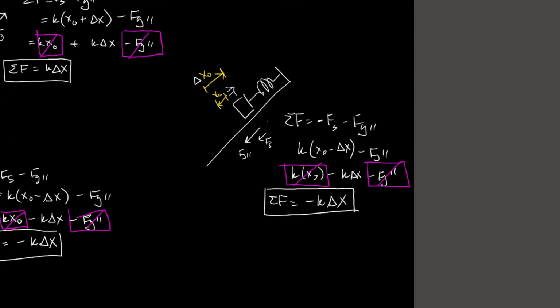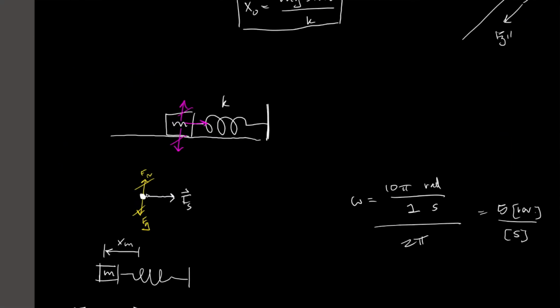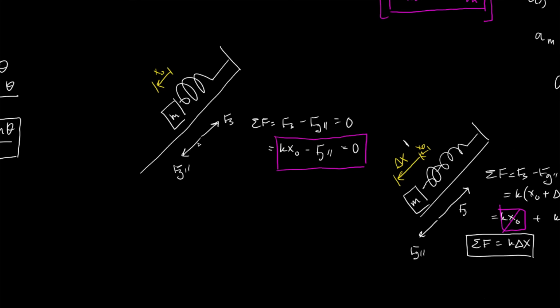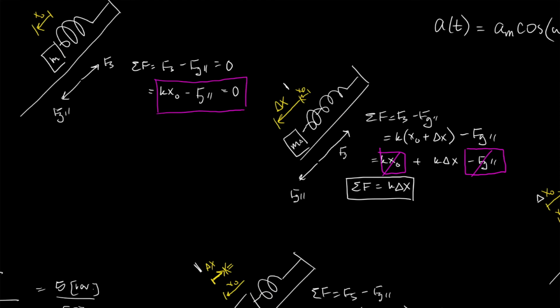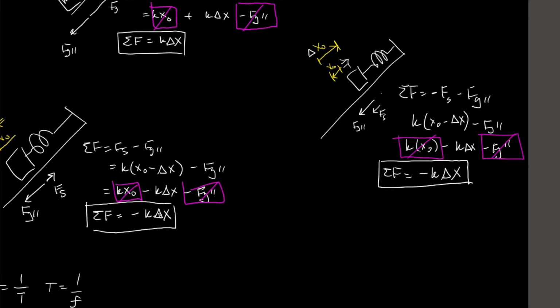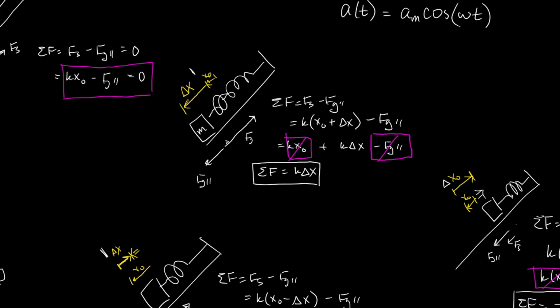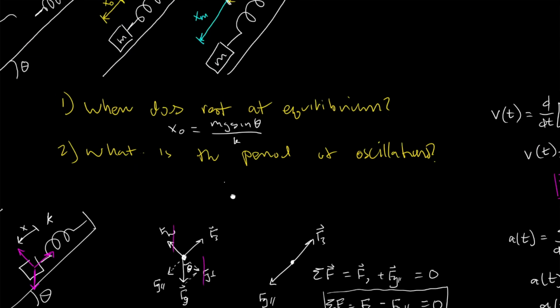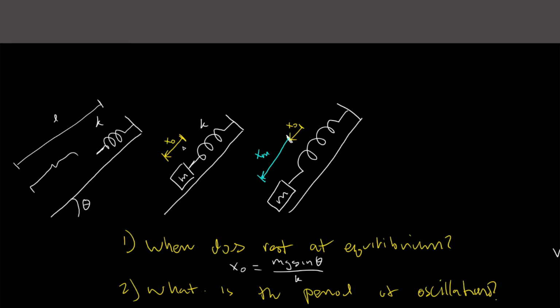So we find that even though our spring is on a slope, so that in addition to the spring force we also have gravity pulling it down, the net force on the mass while it's oscillating is still directly proportional to its displacement from its equilibrium. And all this slope did was move that equilibrium from right here down by an amount x naught to here.